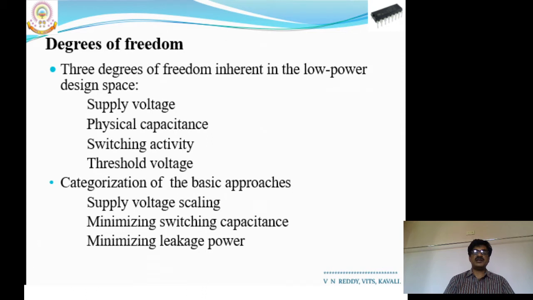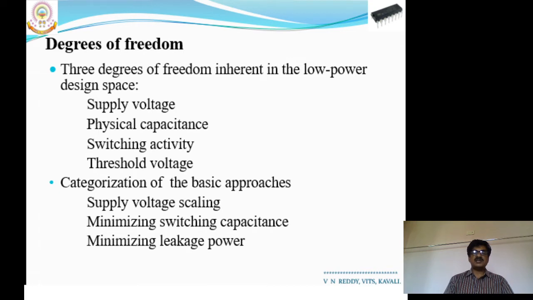So the different methodologies or approaches to reduce the power consumption are supply voltage scaling, which means reducing the applied voltage. Then minimizing switching capacitance, or effective capacitance, which you can also call load capacitance, because the dynamic power is directly proportional to the load capacitance.